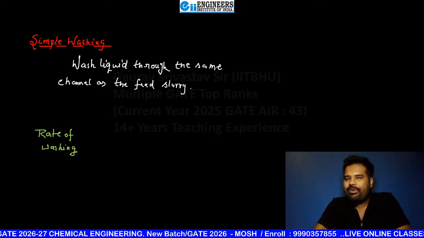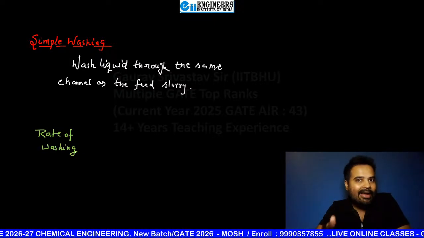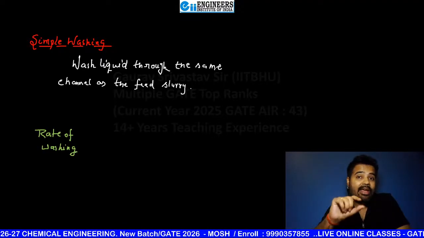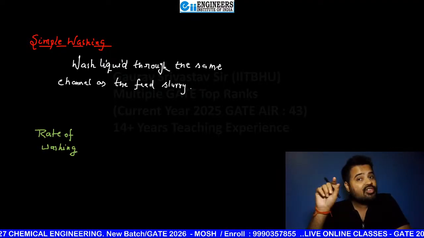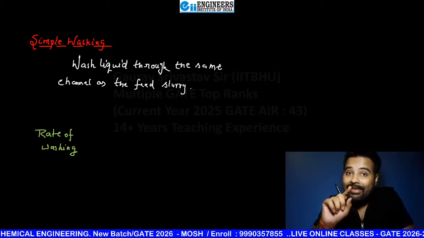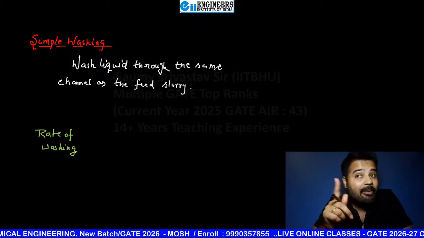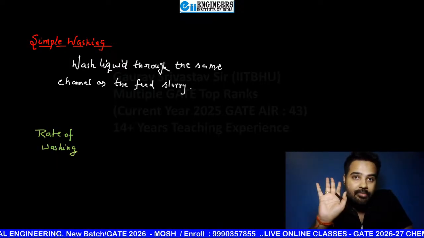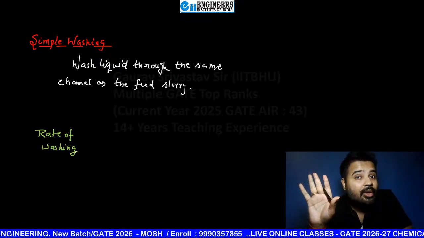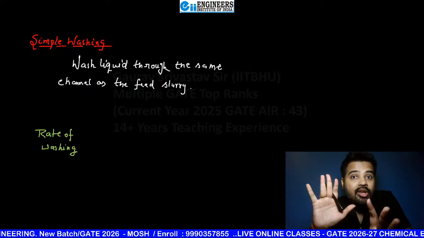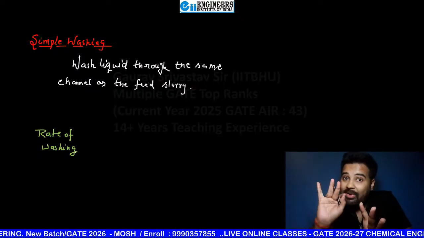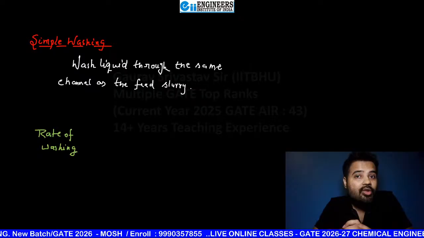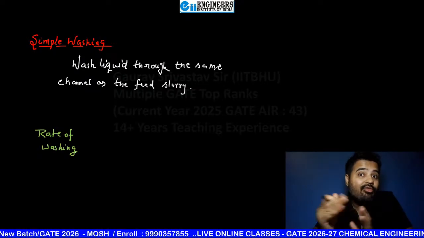So what should be the maximum rate at which we can feed our washing liquid so that the cake must not be disturbed? Not should, it must not be disturbed. Cake should not be disturbed. So can you tell me that rate of washing?